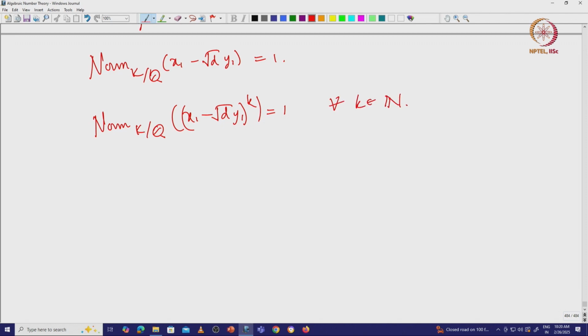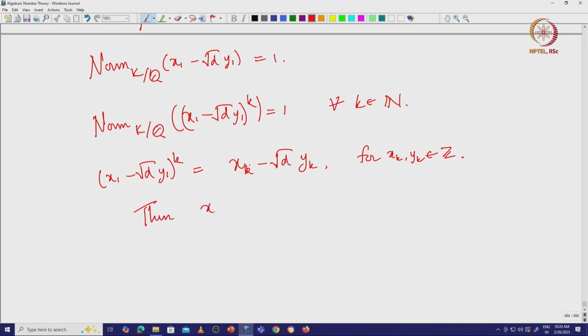Right. So, in particular, we can write (x1 minus square root of d y1) to the k, put all these terms together, and write it like this, for xk and yk in Z. Then xk squared minus d yk squared is also 1.